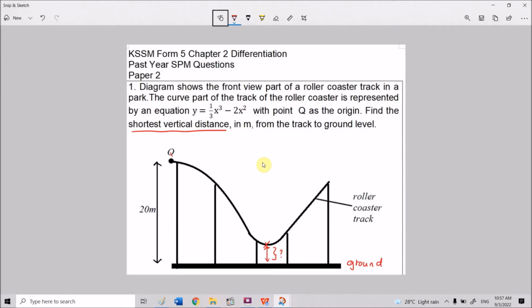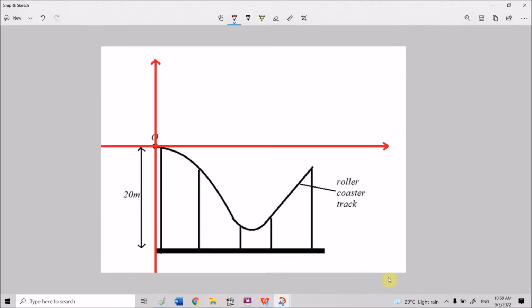If we look at this question again, it says Q is the origin. So if we represent the diagram on a Cartesian plane, you will have something like this. Since we are looking for the shortest distance between the track and the ground, if we are able to locate this point, if we are able to find the coordinates of this point, in other words, we will be able to find the y value here.